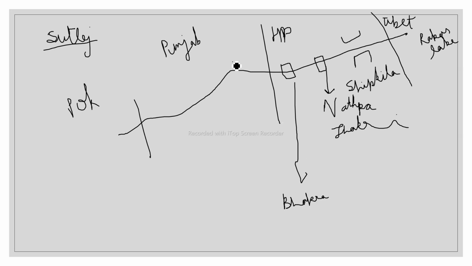And in Punjab there is the Nangal Dam. So Bhakra and Nangal are two of the important dams that we have studied. Bhakra is in Himachal, Nangal is in Punjab. Finally it goes through POK and mixes with Chenab.